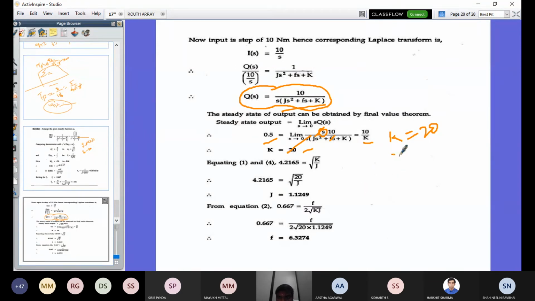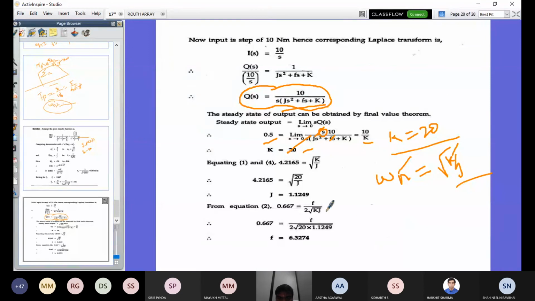We have the value of k, so we can determine the value of J by using omega n. What is omega n? Root of k divided by J. So we have the value of omega n and the value of k, and from that we will get J.